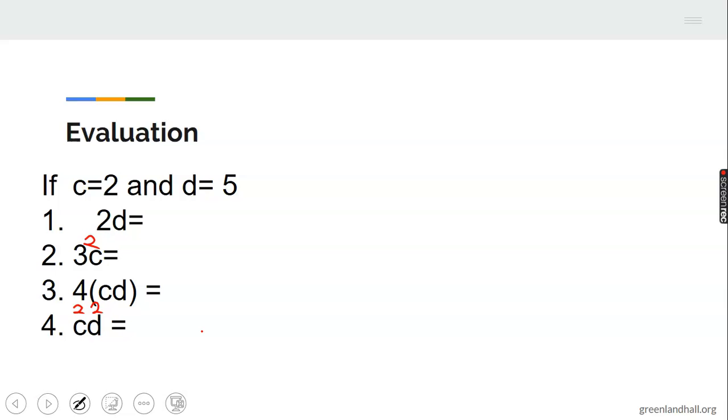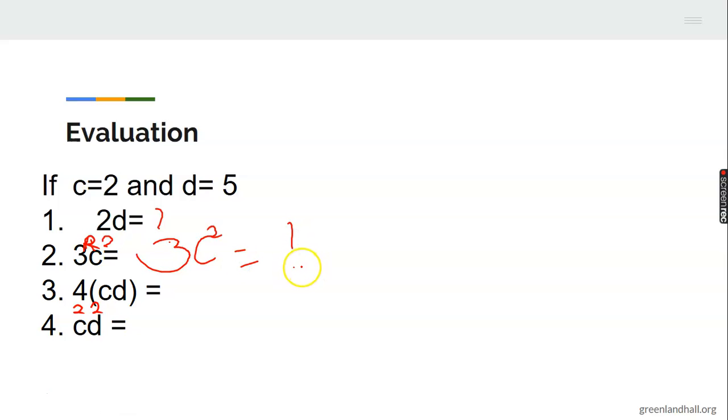Now you have to answer this question. If C is 2 and D is 5, 2D is equals to what? Find the answer. Now this one is 3C squared. The square is after C. I write it again, 3 then C squared. So 3C squared will be what? Find the answer.